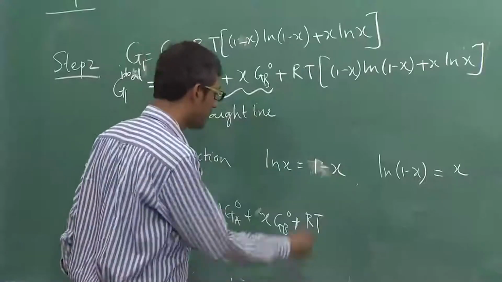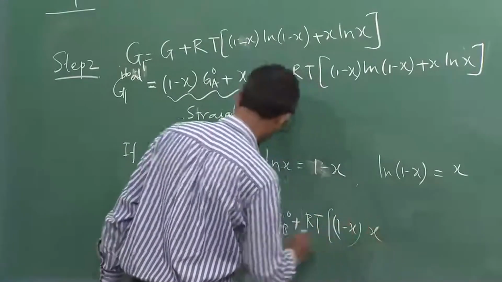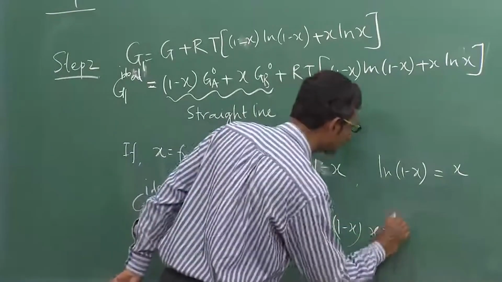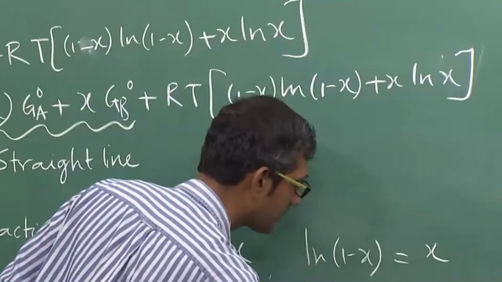So, that has become (1 minus x) multiplied by x, almost equal to plus (1 minus x) multiplied by (1 minus x).